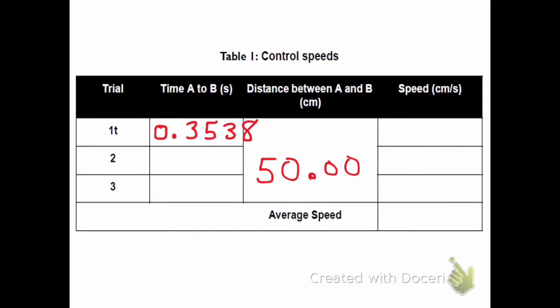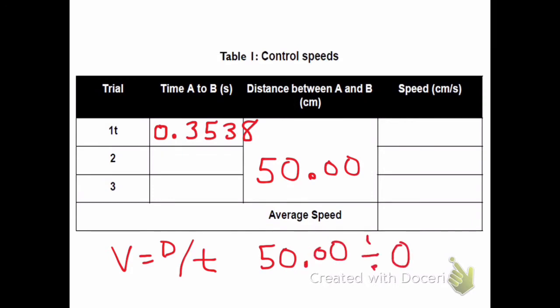So average speed is distance divided by time. Our total distance is 50 centimeters, and we're going to divide that by our time, 0.3538, and that's going to come out to 141.3. So that's my first example, and that's for the control speed.